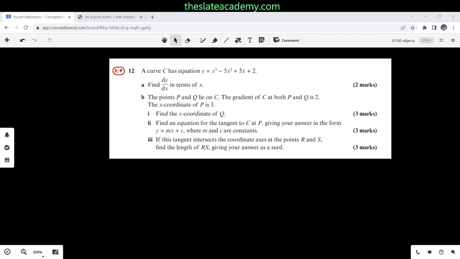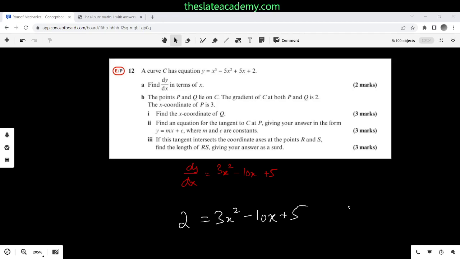So you said dy by dx is equal to 3x squared minus 10x plus 5. So now we know that the gradient is 2. So I say 2 is equal to 3x squared minus 10x plus 5.